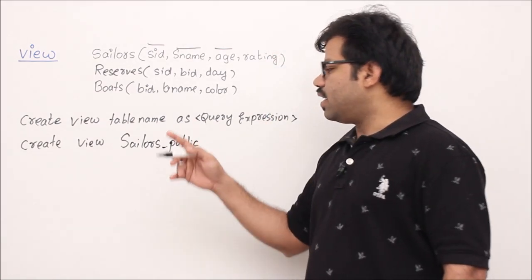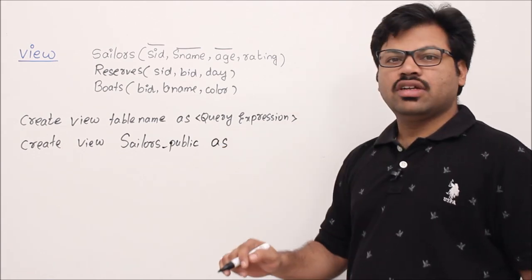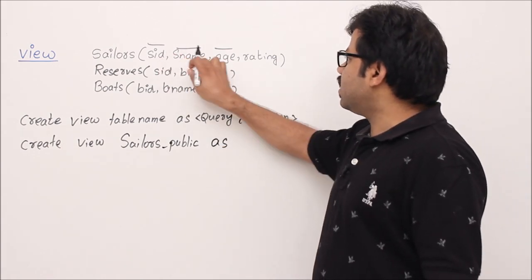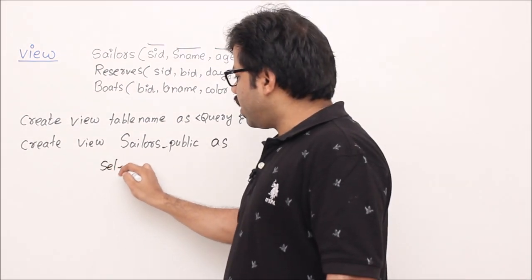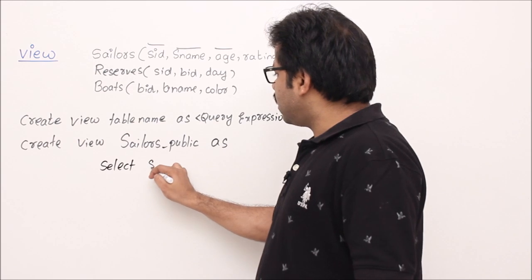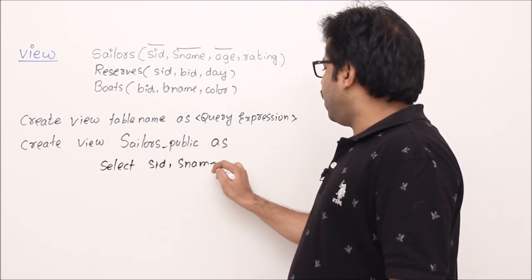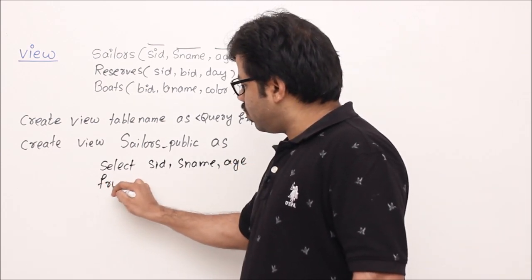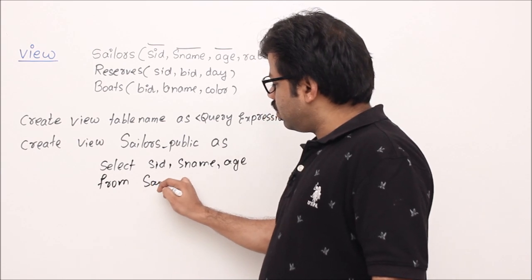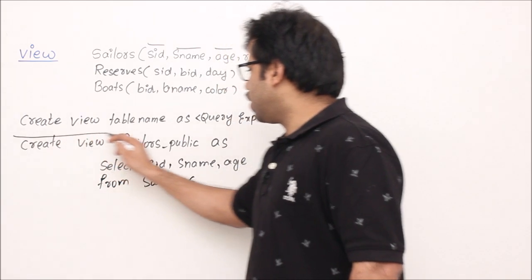So the table name is sailors public as query expression. How to get these SID, SNAME, age fields from sailors? For that we can write a query: select SID and SNAME and age, sorry, not rating, from sailors. So in that way we can create a view. This is the syntax for creating the view.